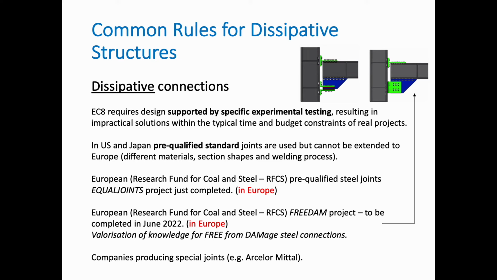There are also other companies producing special joints, such as ArcelorMittal, but I believe there are more of these. I would like to urge at this point the need for more work on special connections and pre-qualified standard joints for European practices, and I would like to urge the companies to support such endeavors.